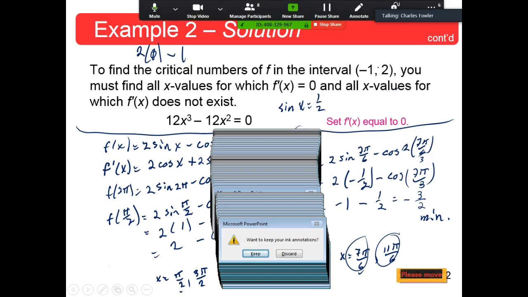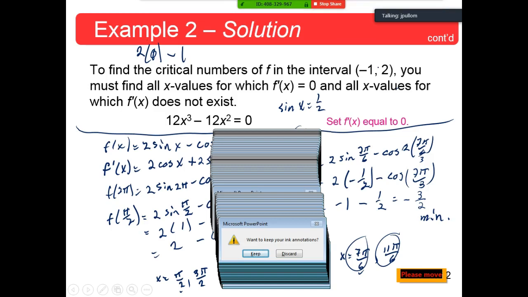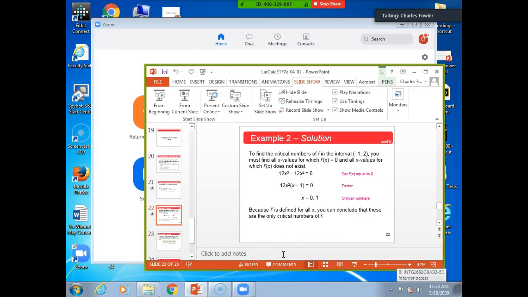Any before that? Okay. Y'all are having way too much fun. Okay. So I guess we're through with 4.1? Yes, sir. Okay. So I'll discard. All right. There it went away.